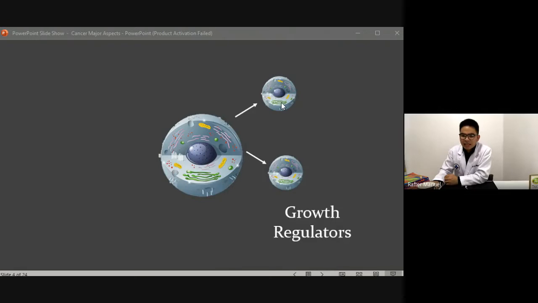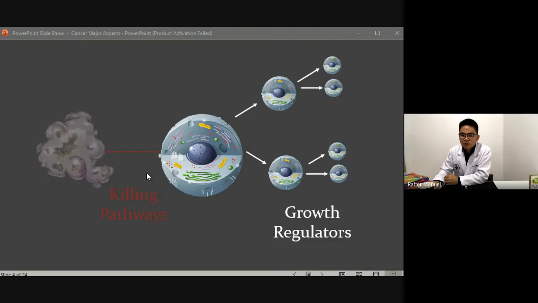They will divide and then they will further divide. And that is the normal mechanism. After their division and after their growth, there is what we call the killing pathways. Meaning to say, after their division, after their growth, they will be killed.